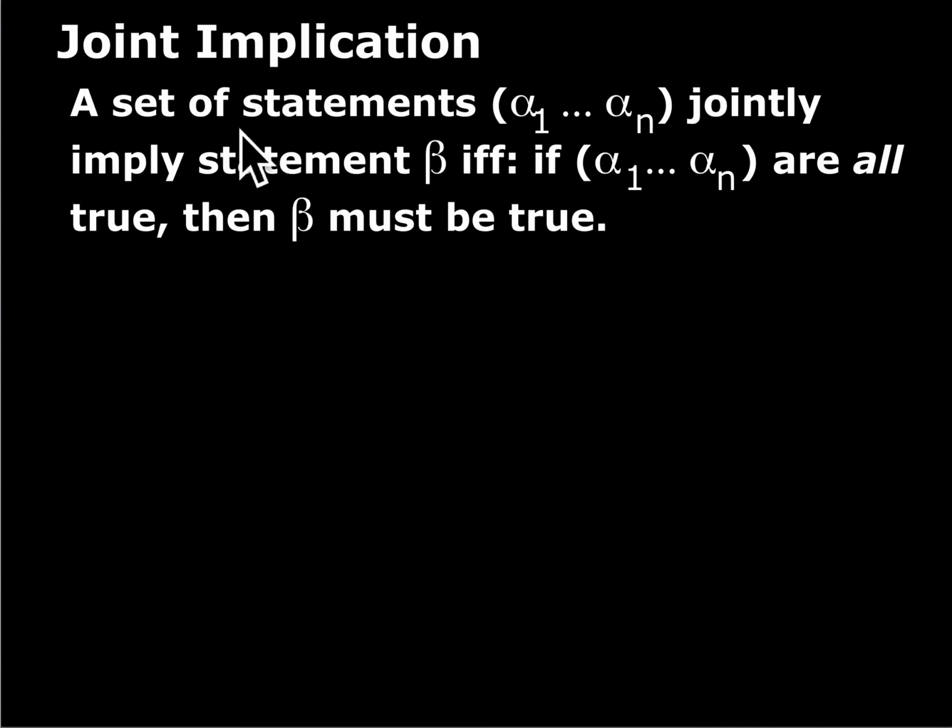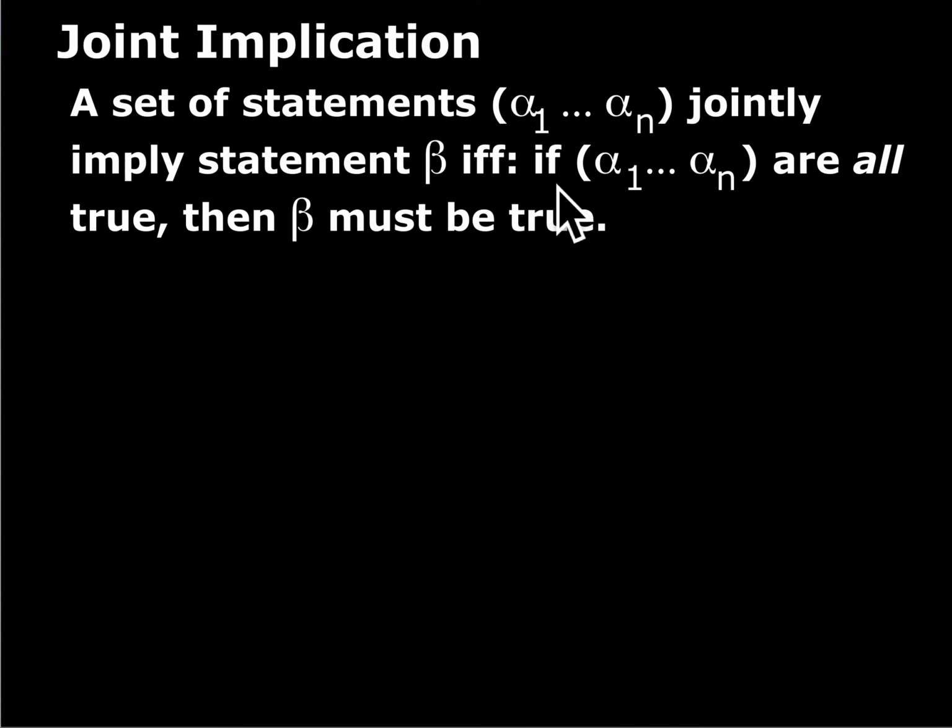And the way we're going to handle that directionality is that when we have a larger set of statements, we're going to ask the question in this way. Does a set of statements here, A1 through AN, and N could be anything, N could be 2 or 20 or whatever, but we've got some set of statements here, the alphas. Do they jointly imply some single statement B? That'll be the way the question works. And you'll see examples in a minute.